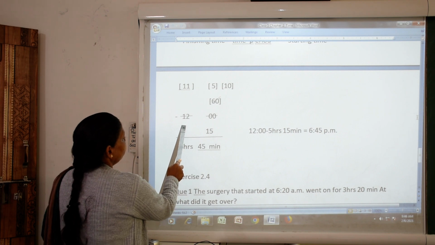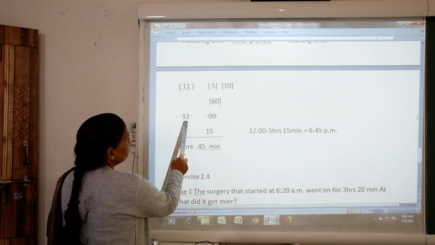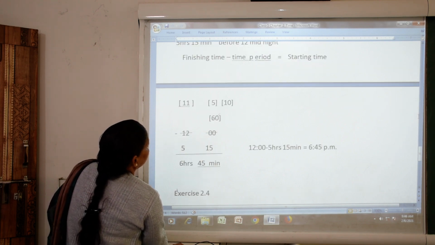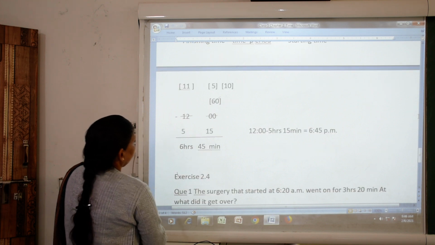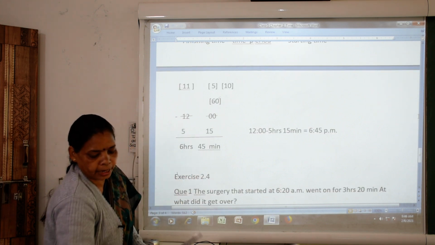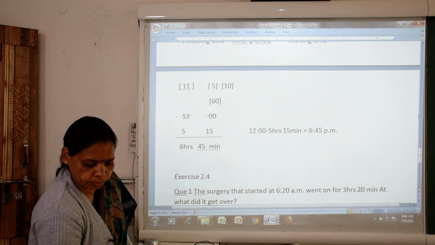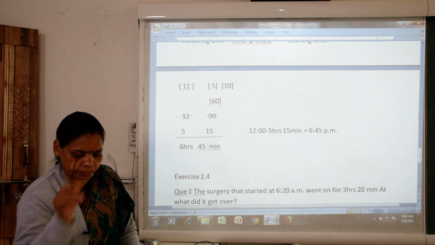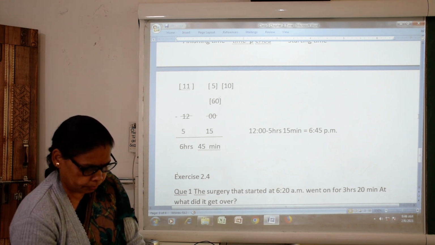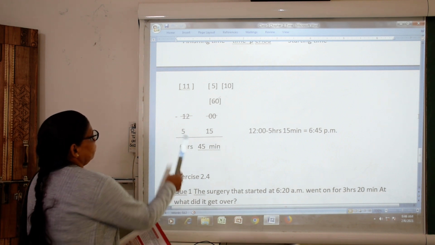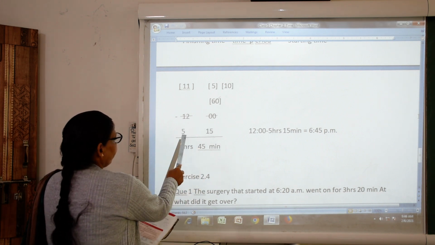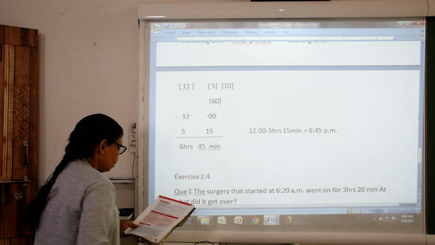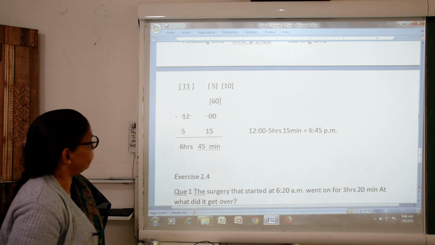Here what is given? 12 o'clock and 15 minutes. This time is 12 midnight and 5 hours 15 minutes is given here.